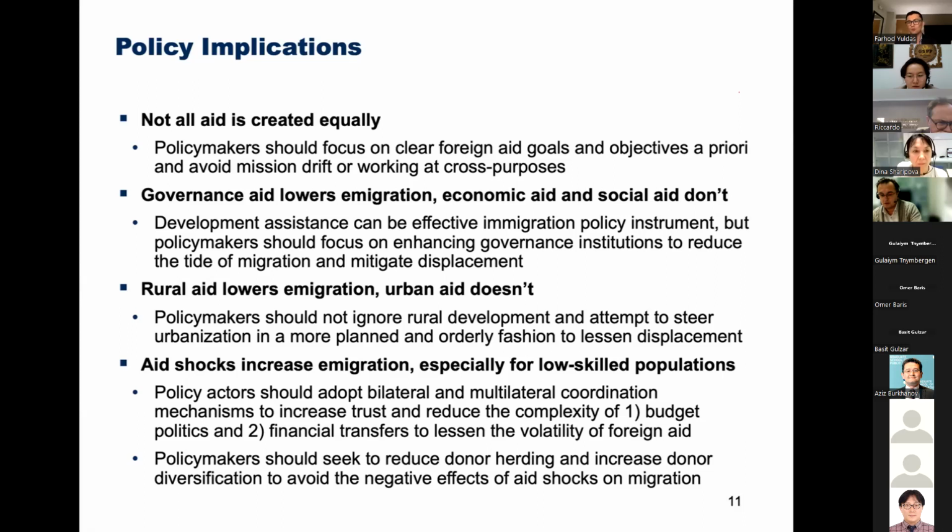If a certain project has great potential, we could see a lot of donors herding onto that, or trying to get involved in that project, whereas less popular projects might not have enough donors to help with. So addressing some of those issues in terms of donor diversification could be helpful as well by reducing the volatility of aid inflows.